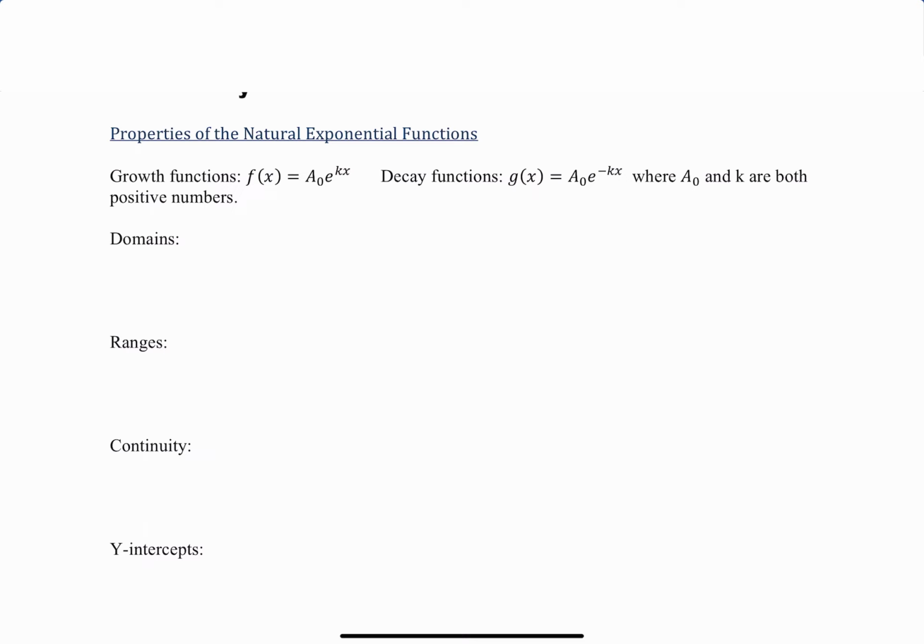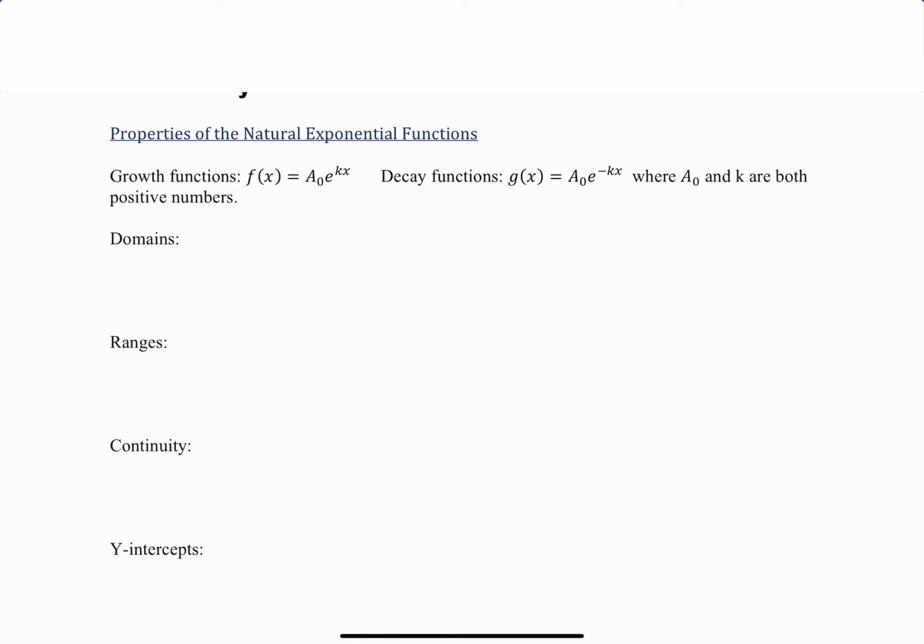By the way, in this model, a sub 0 and k are both positive numbers. Neither one is negative. So that helps us know that if you don't see a minus sign in the exponent, you have a growth function, whereas if you do have a minus sign in the exponent, you have a decay function.